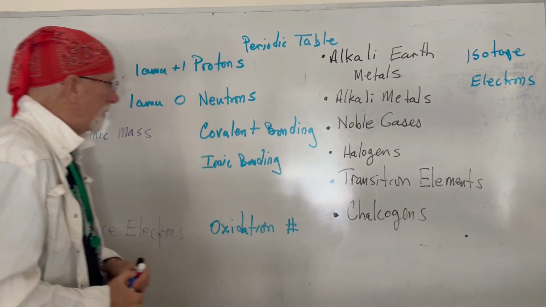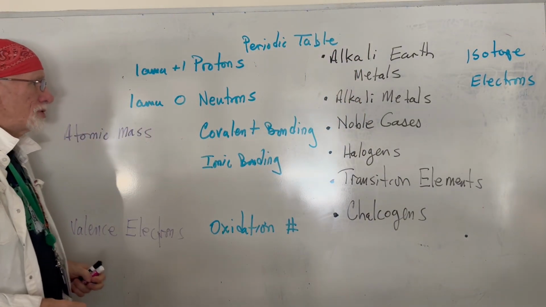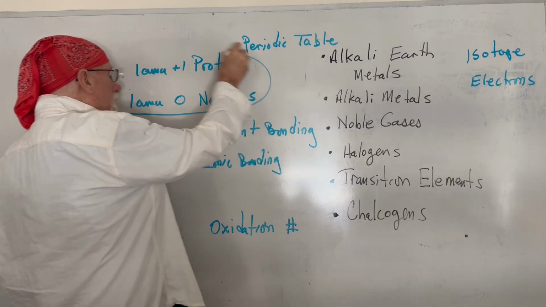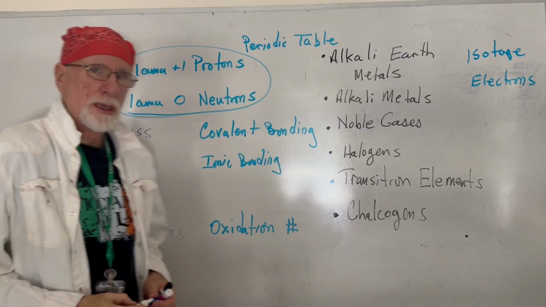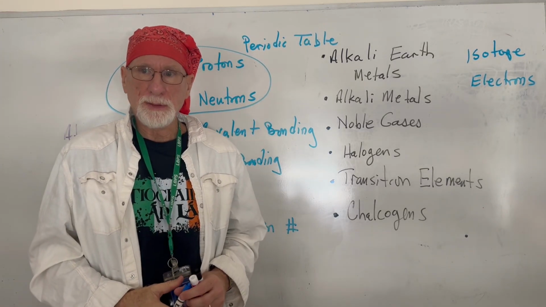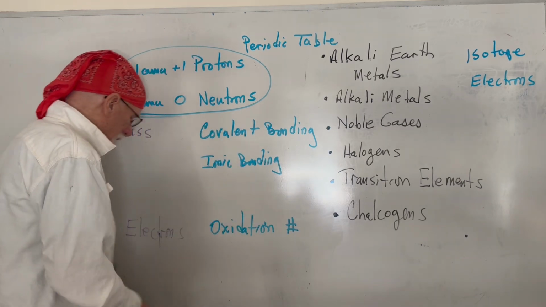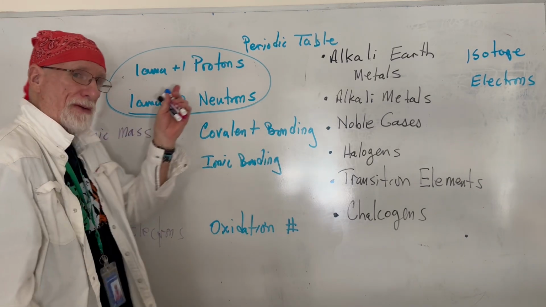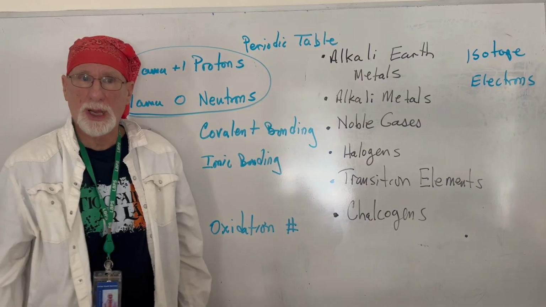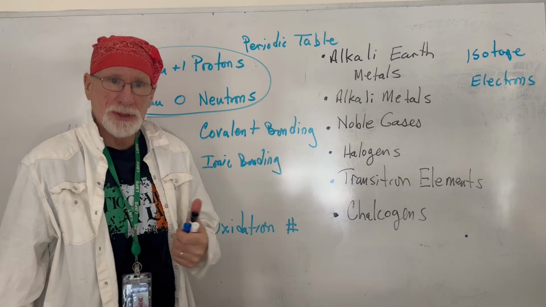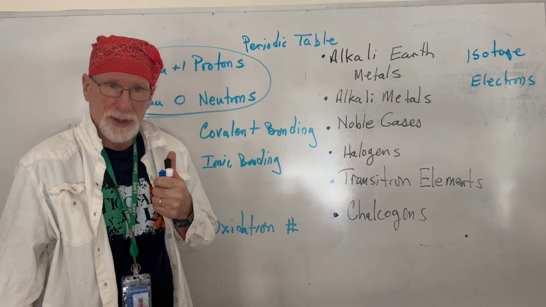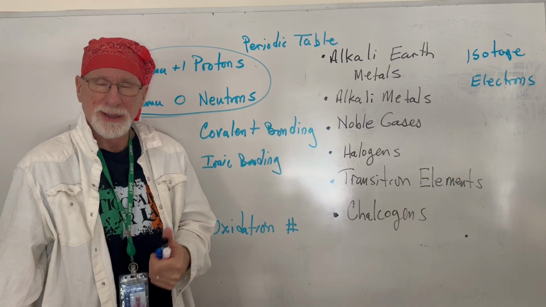Okay, so the neutron and the proton, those are in the nucleus. Clear? Okay. So I can erase these. Does anybody have anything to contribute for neutron and proton? Nope. The proton is what defines the element as the element.